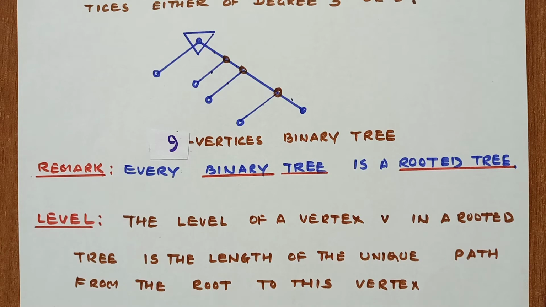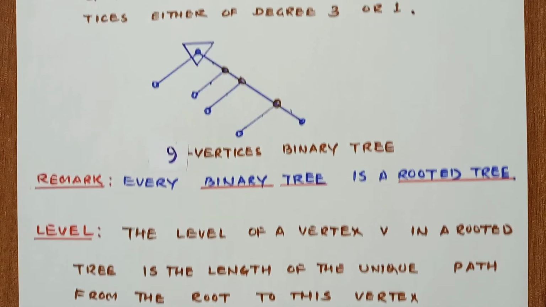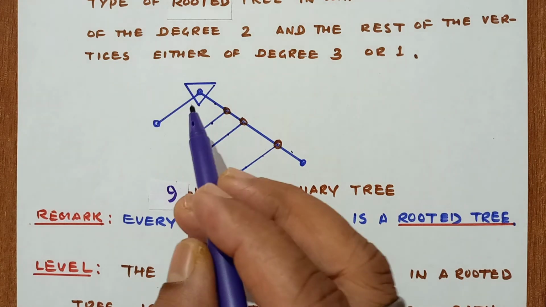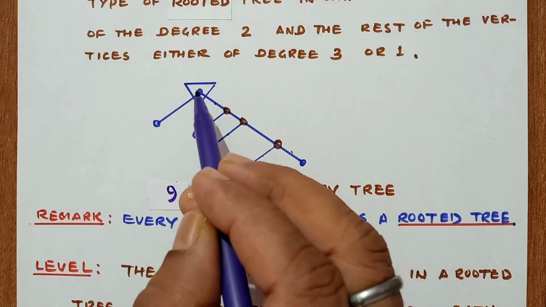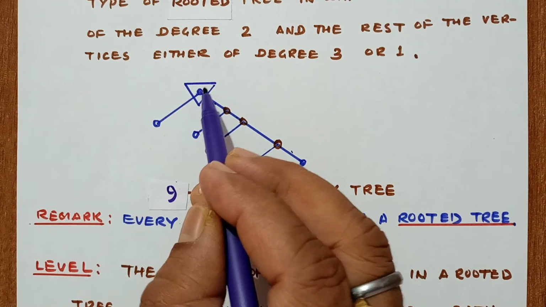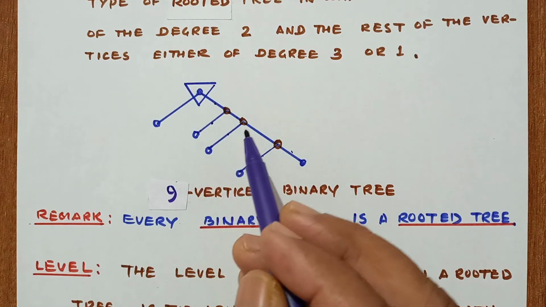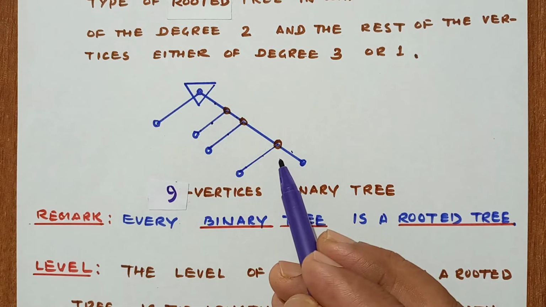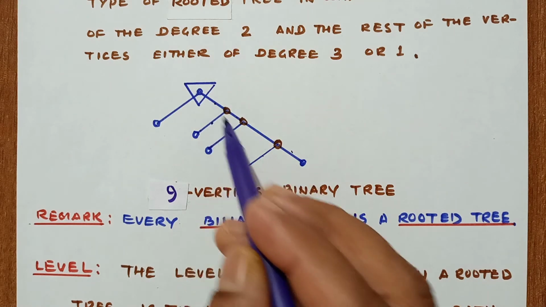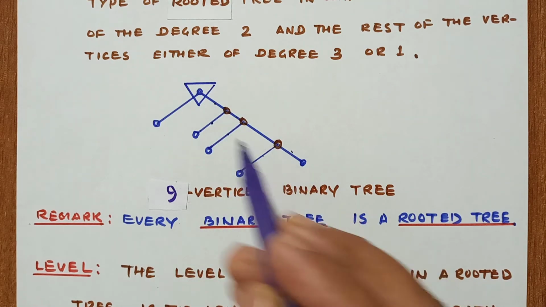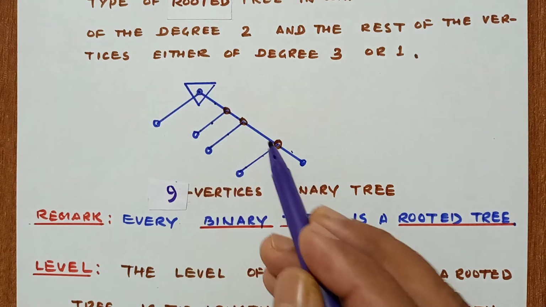Suppose this is a binary tree. The label of the root is 0, and we can calculate the label of any vertex by counting how many edges from the root to the vertex.